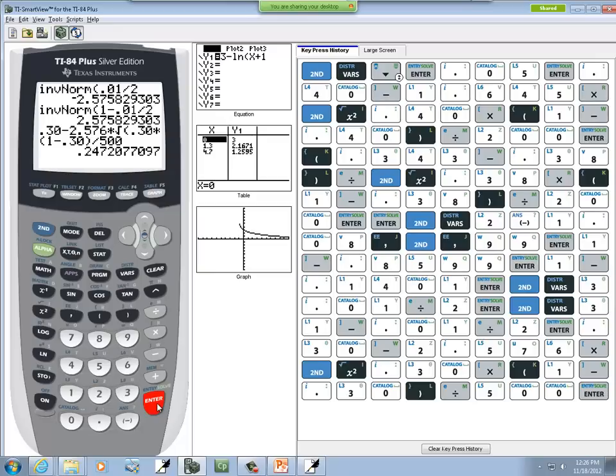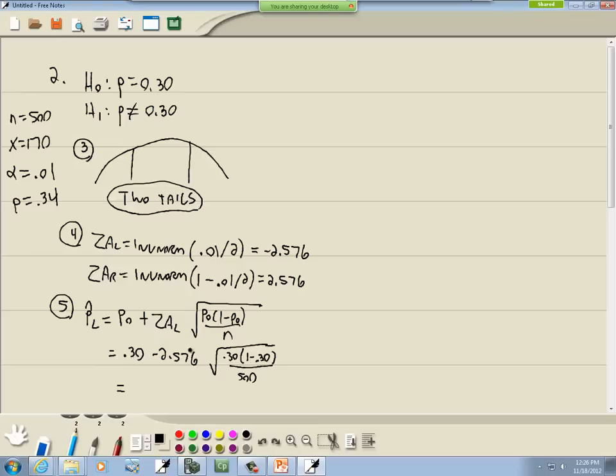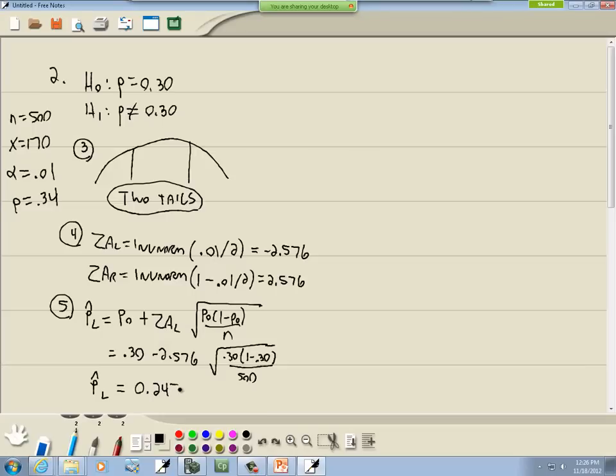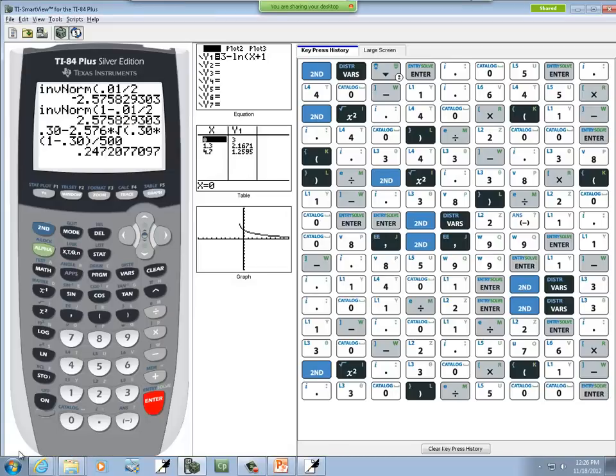Enter. And what did I say? 3 decimal places? So P hat sub L is going to be 0.247. Let me check myself. Minus 2.576 times that, divided by 500. Okay, that looks good.